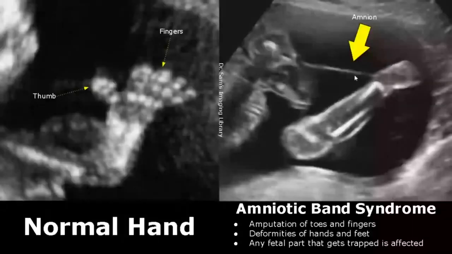Usually, it affects the fetal limbs. It can even cause amputation of toes and fingers. If fetal head is trapped, it can cause anencephaly and fetal death. If the abdomen is trapped, it can cause hernia and abdominal wall defects.